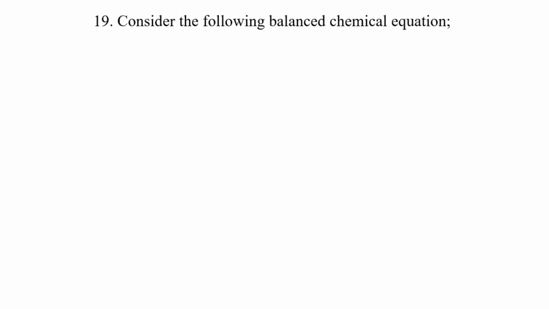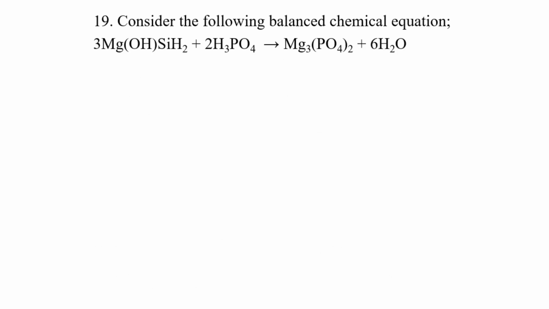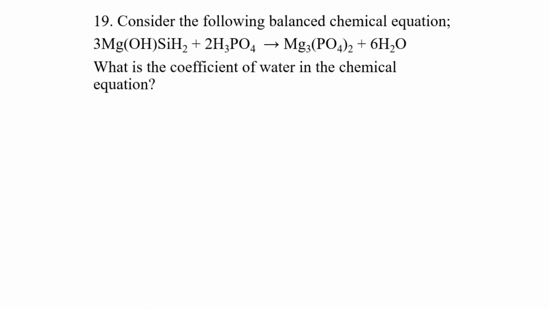Question number 19. Consider the following balanced chemical equation. 3Mg(OH)2 plus 2H3PO4 gives Mg3(PO4)2 plus 6H2O. What is the coefficient of water in the chemical equation?